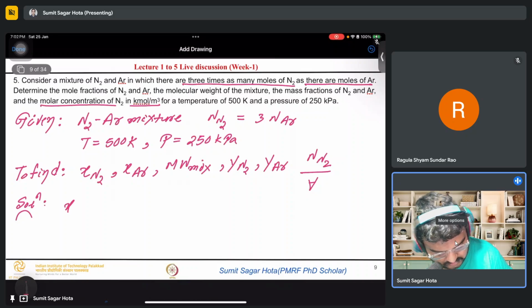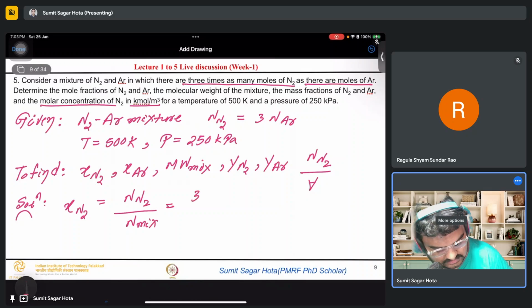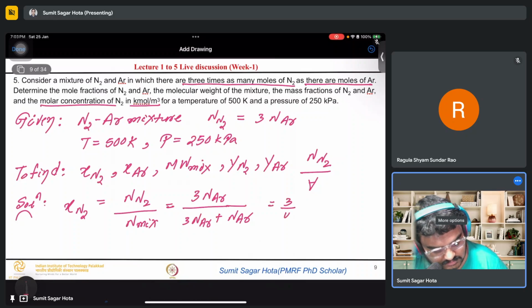So chi of N2 is equal to the number of moles of N2 divided by the total number of moles of the mixture. We just need to convert it in terms of argon, because here only N2 and Ar are there. So this is 3 by 4, which is 0.75.